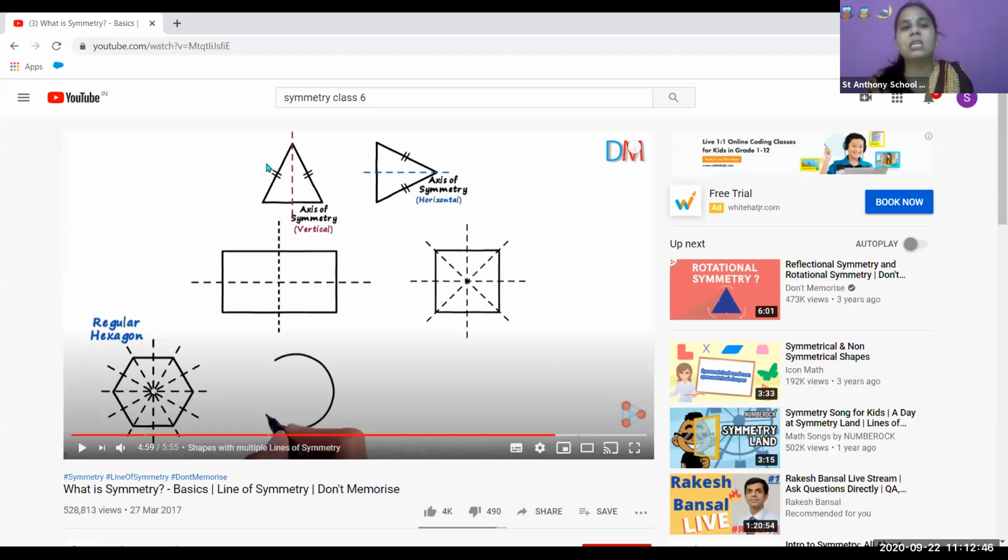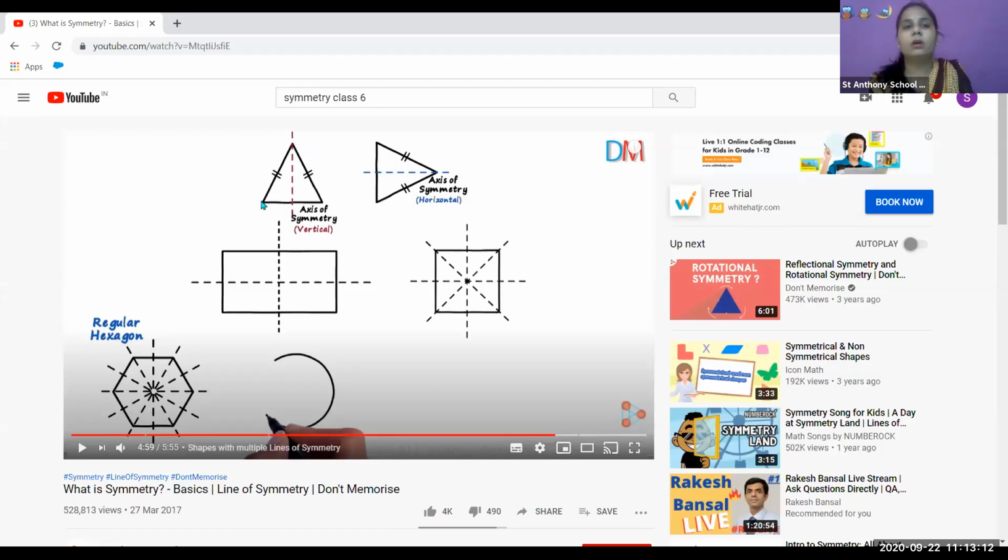Now, if we take an example of an isosceles triangle, I'm repeating this word, isosceles triangle. If a regular equilateral triangle is there, equilateral has 3 sides equal. Equilateral triangle means what? A triangle with all 3 sides equal. So in that equilateral triangle, more than one axis of symmetry is there.